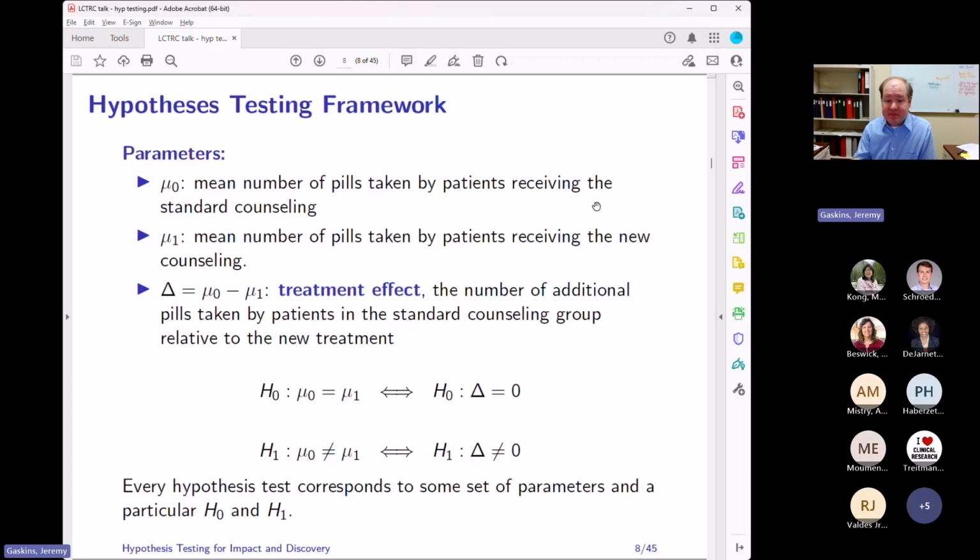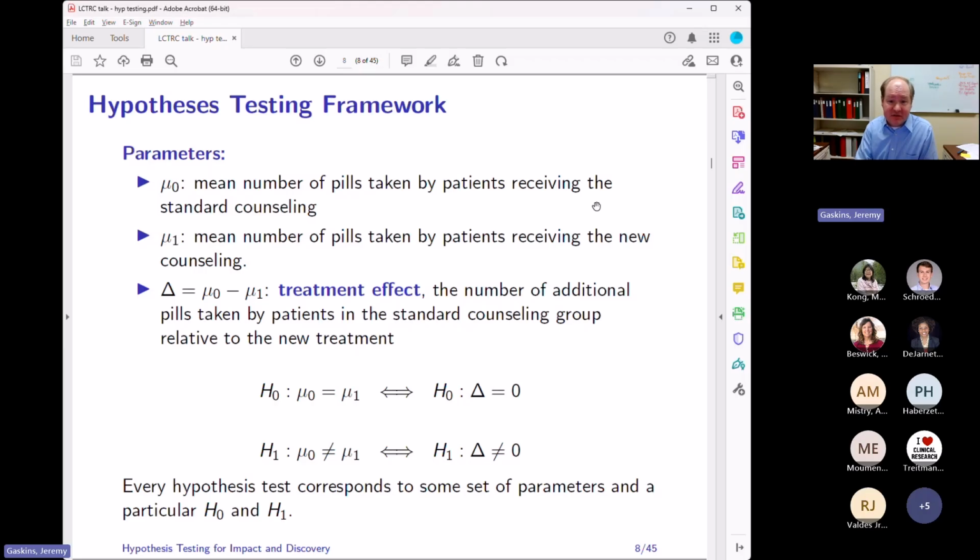So one thing to keep in mind, right, is that every hypothesis test that we ever encounter corresponds to some set of parameters and some particular H0 and H1. And so anytime I run a statistical test or anytime I get a p-value, these things are in the background somewhere, right? There is some set of parameters that I am making a test for relative to a null and alternative hypothesis.